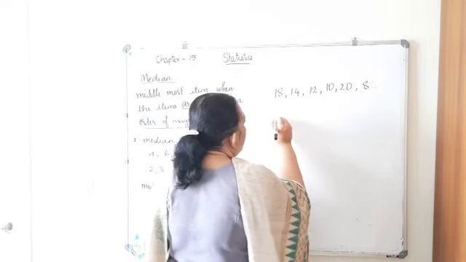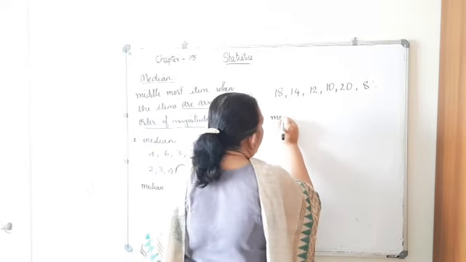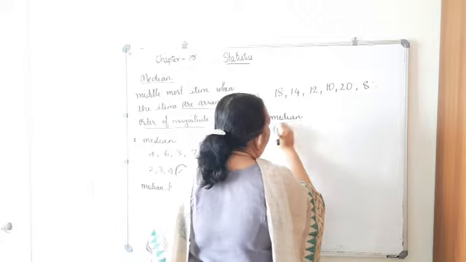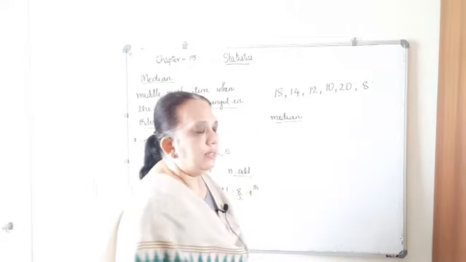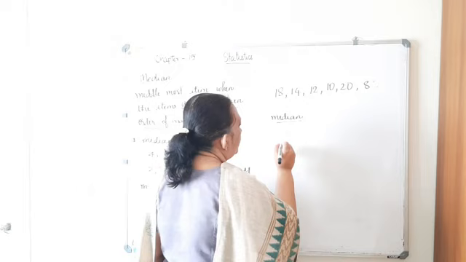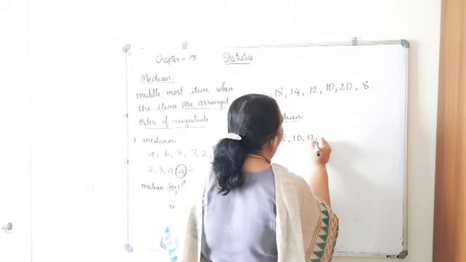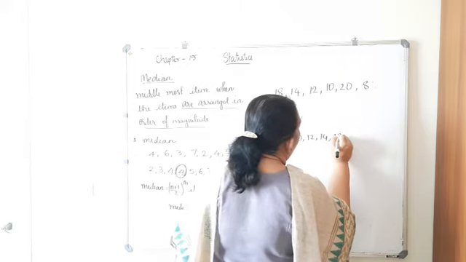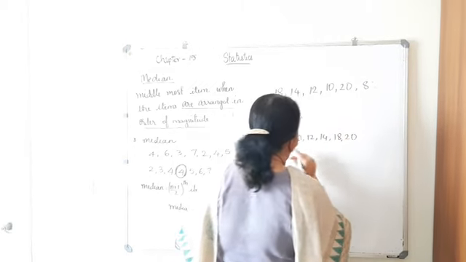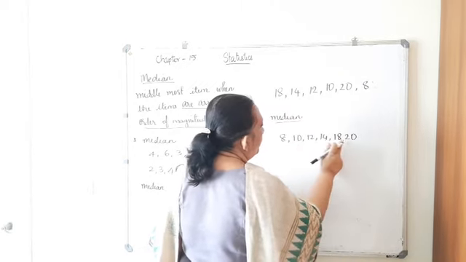Here, first of all, calculate the median. That is the question. Now, when you want to calculate the median, you first arrange the data: 8, 10, 12, 14, 18, 20. Positions 1, 2, 3, 4, 5, 6.